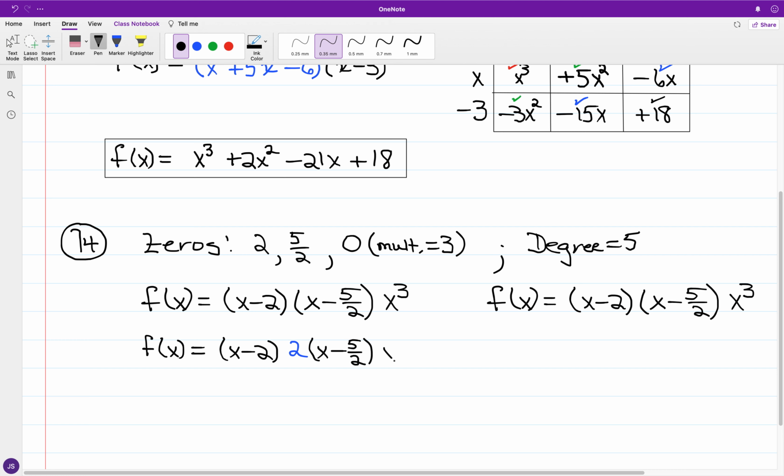Again, we have multiplying by x cubed. So you have f of x. Okay, so you have x minus 2, and just raising what we have in the middle factor by 2.